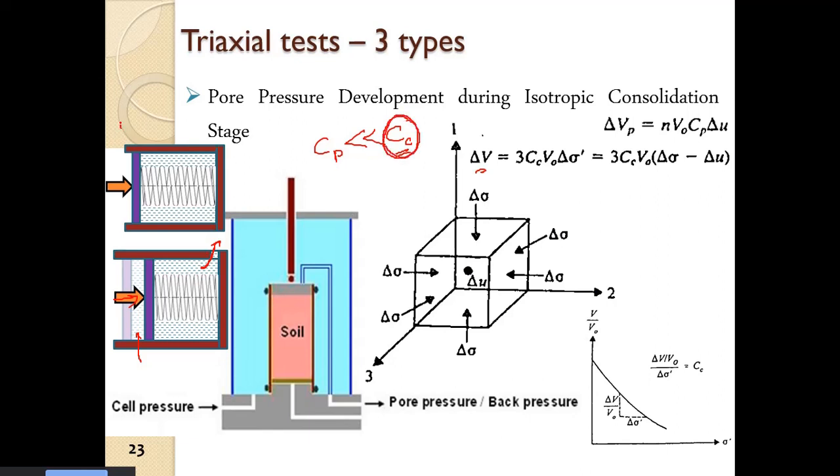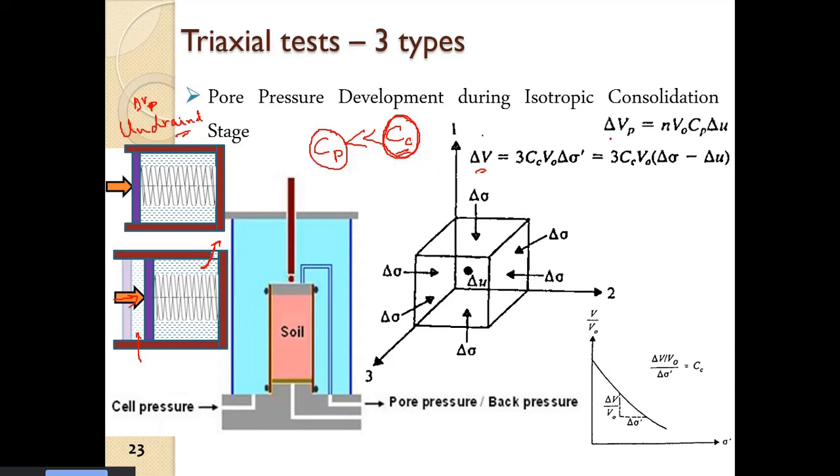And in the undrained case, if there is a small change of volume, Vp, that will be governed by the compression in the pore fluid. So we see that Cp is very, very less than Cc.